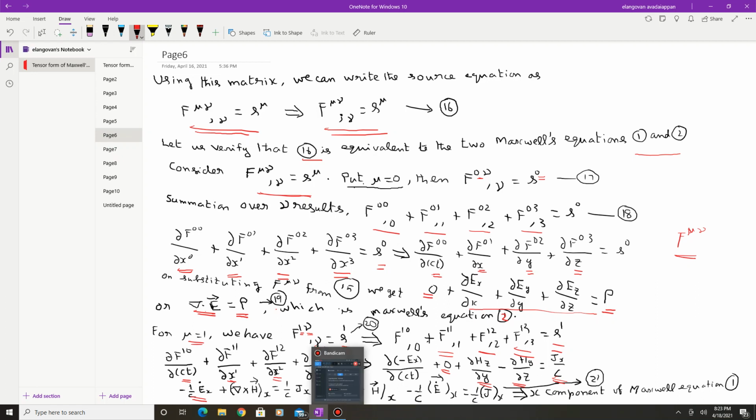The two terms are the x component, this is curl H comma x, the x component of curl H. So the third and fourth term, if you combine, this is the x component of curl H. On the right hand side, this is 1 by c jx, or you can write this as curl H within the bracket, and the suffix is x, minus 1 by c E dot suffix x is equal to 1 by c j suffix x. This is called the x component of Maxwell's equation. So we have arrived at the x component of Maxwell's equation 1.